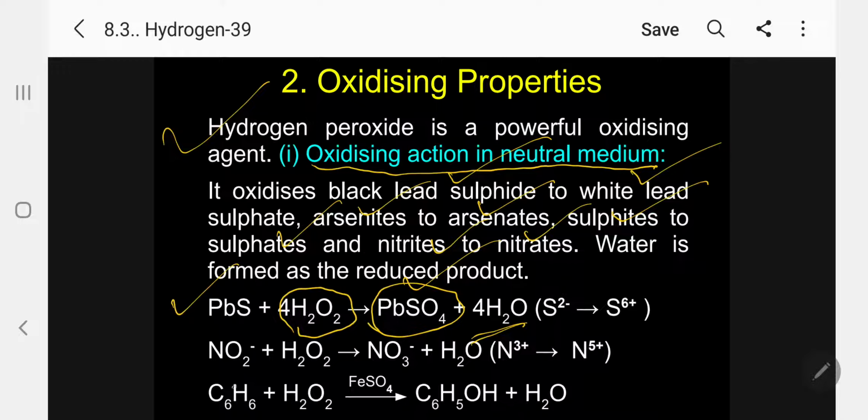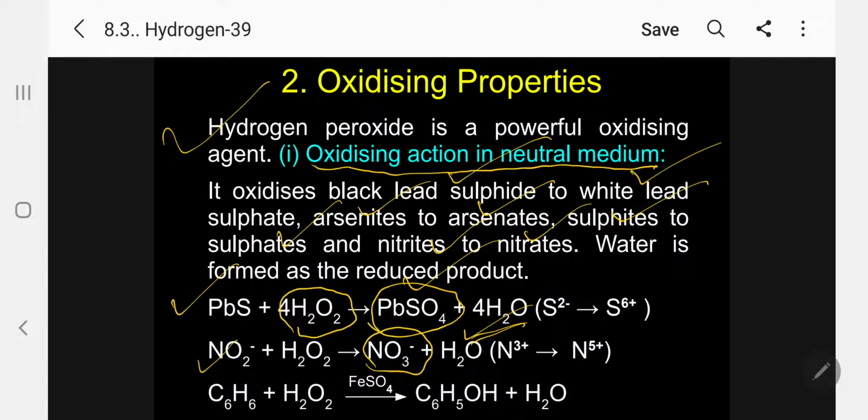The second case, any nitrite, sodium nitrite or potassium nitrite, nitrite ion in the presence of hydrogen peroxide gives nitrate ion. Nitrite is getting oxidized to nitrate. Again, water is produced. So this is the oxidizing action.